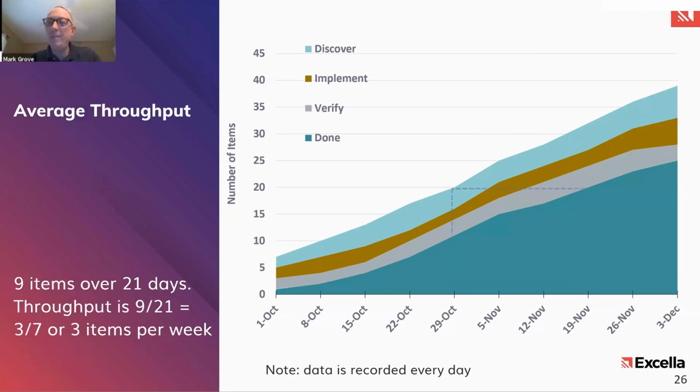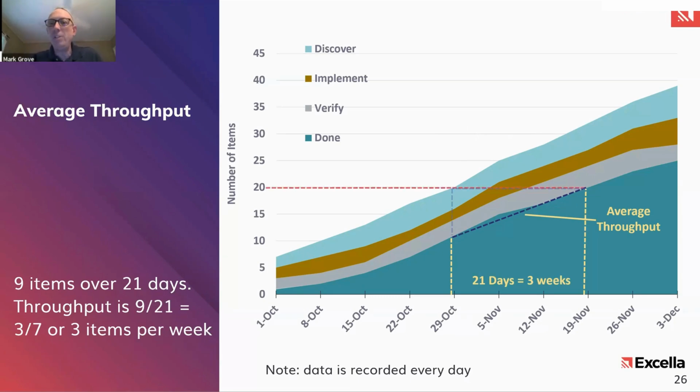All right, so I dimmed that. Let's take a look at the last metric. For those who like geometry, this will be very satisfying because we will complete the triangle and you have your average throughput. Okay, so this is the rise over run. This is the rate, the number of items done, in our case, per week. We know that we have 21 days, and we also know that we have 9 items.